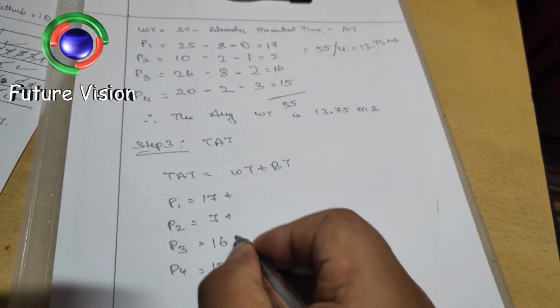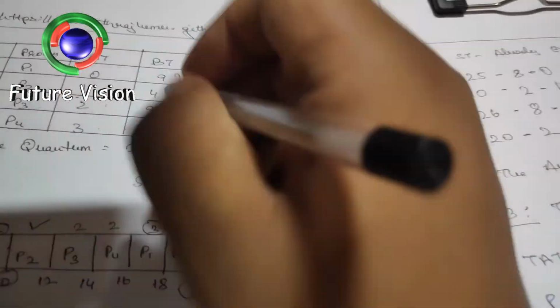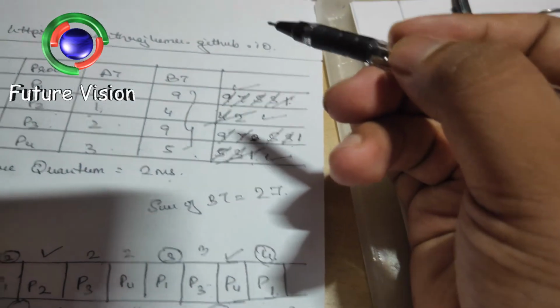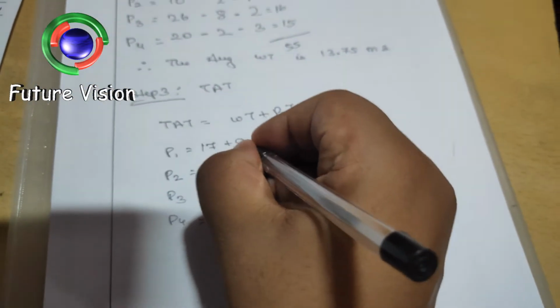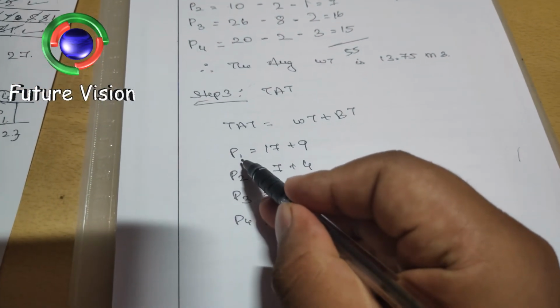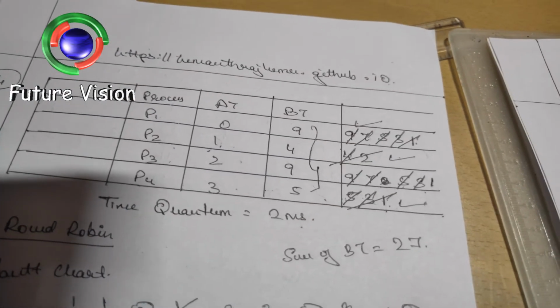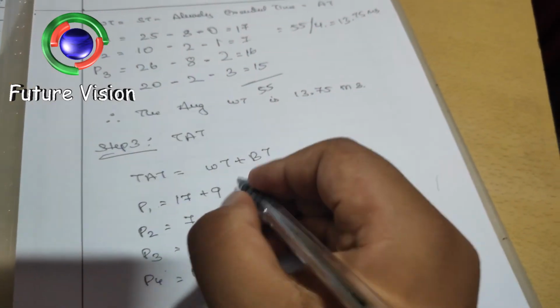Now we have to take down the burst time of all the processes. The burst time of all the processes is already given in the table. That is nothing but 9, 4, 9, 5. Do note that it is always in the same order as in the table, or else you might take down the wrong values here.